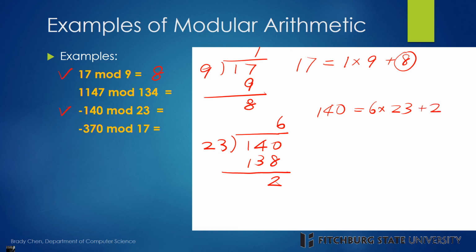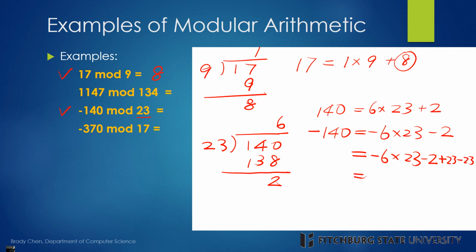But now we're not looking at 140, right? It's negative 140. So it's negative 6 times 23 minus 2. But since the remainder should be a positive number, here we have negative 6 times 23 minus 2, and we can put in a plus 23 and a negative 23.